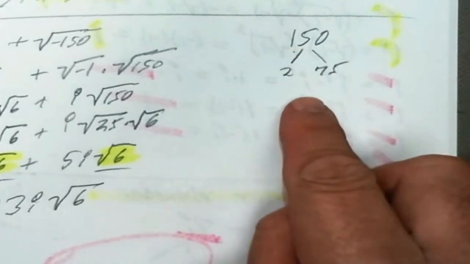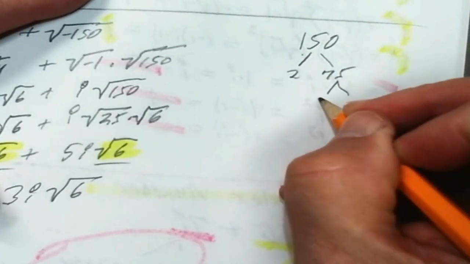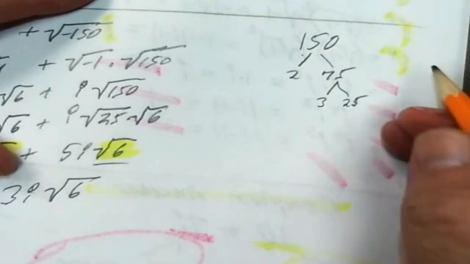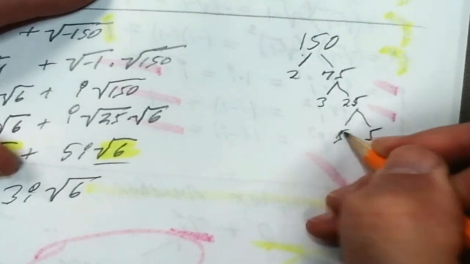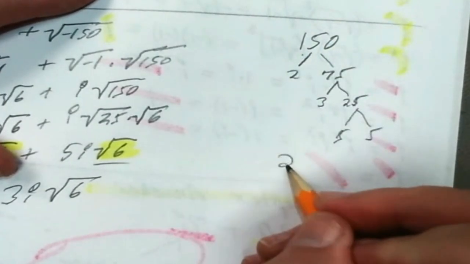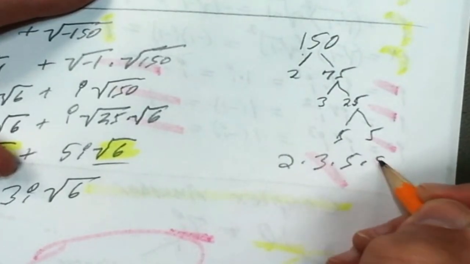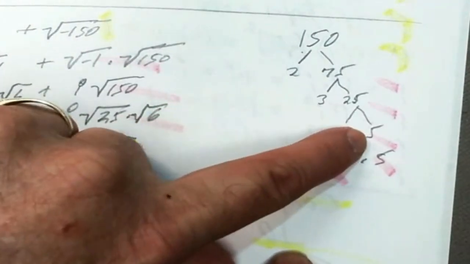Well, then 75 is the same thing as 3 times 25. 25 is 5 times 5. So the factors of 150 are 2 times 3 times 5 times 5.